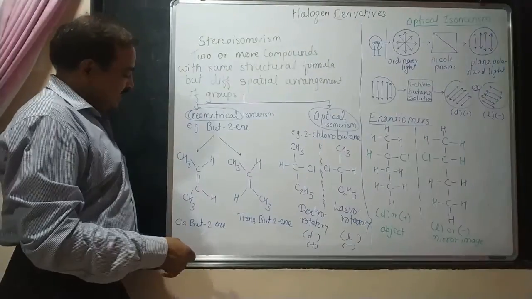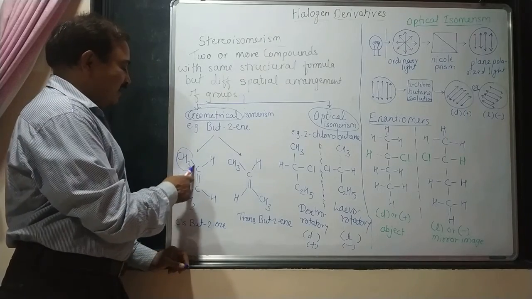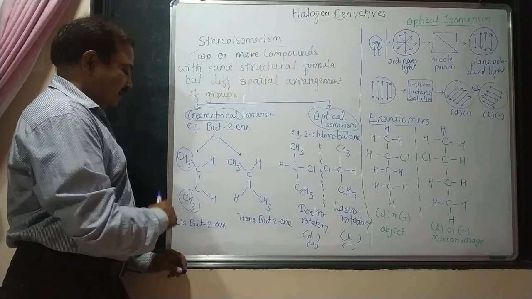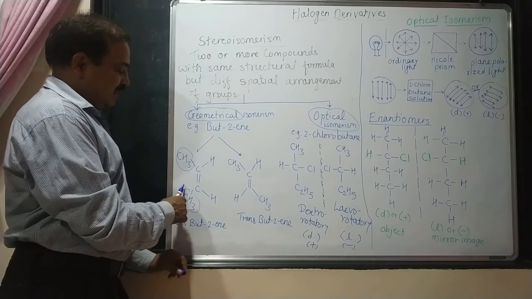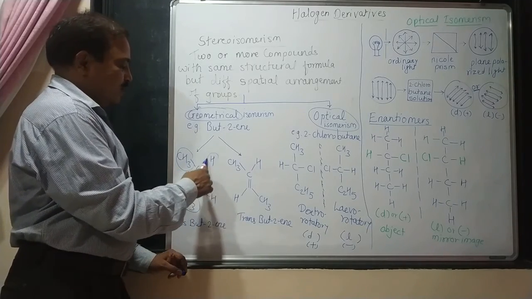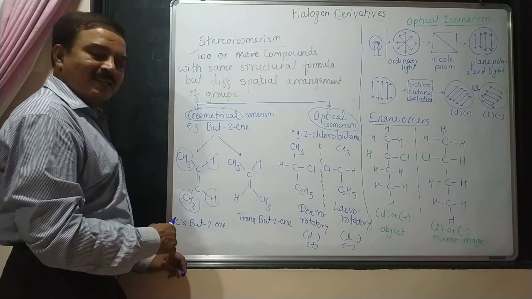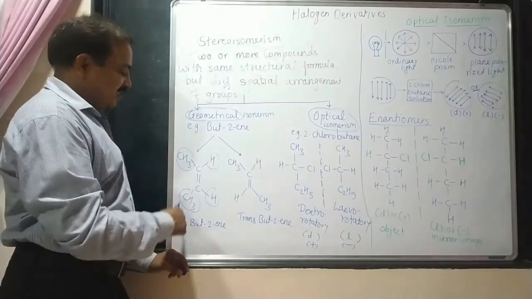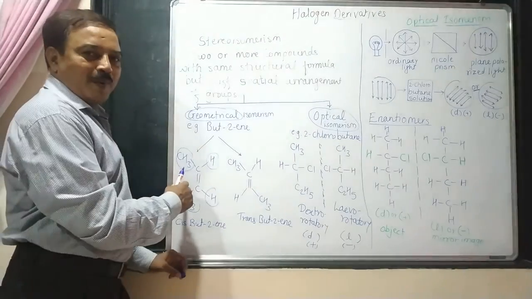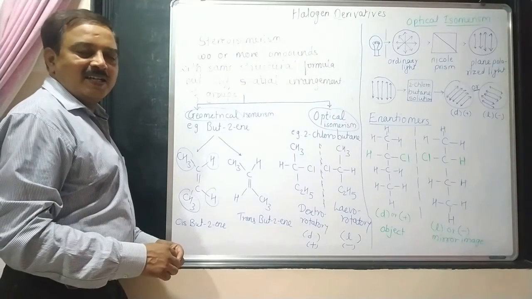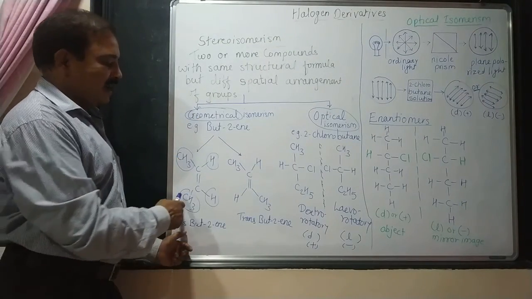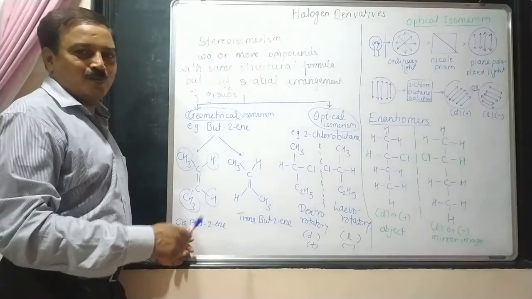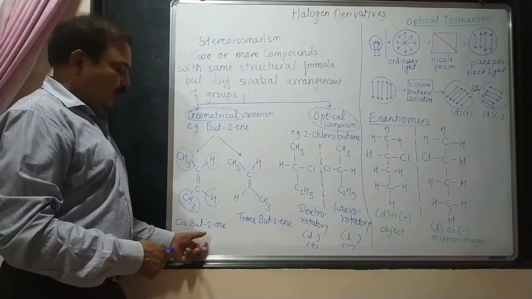Let us see how these similar groups of atoms are arranged. Here the CH3 and CH3 are present on the same side. Hydrogen and this hydrogen are present on the same side. Therefore similar atoms or groups of atoms are present on the same side across the double bond. Therefore this compound is called the cis isomer of but-2-ene.